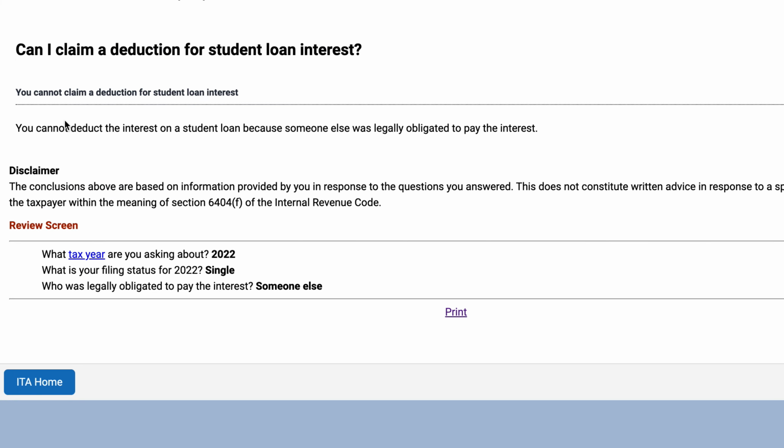So you can only deduct interest on a student loan if you are the one that's legally obligated to pay the interest. For example, if your parents took out a PLUS loan and they're on the hook for your student loan, then you would not be able to claim the interest even if you actually paid it. So let's go forward with you.